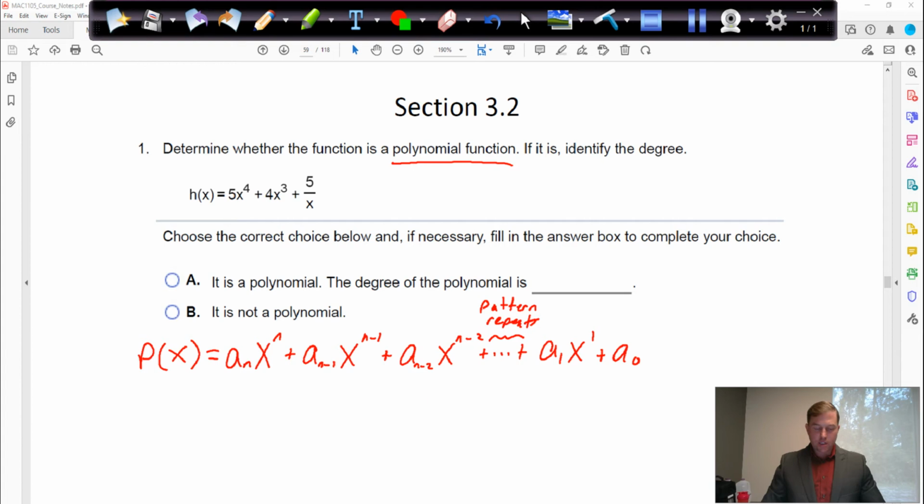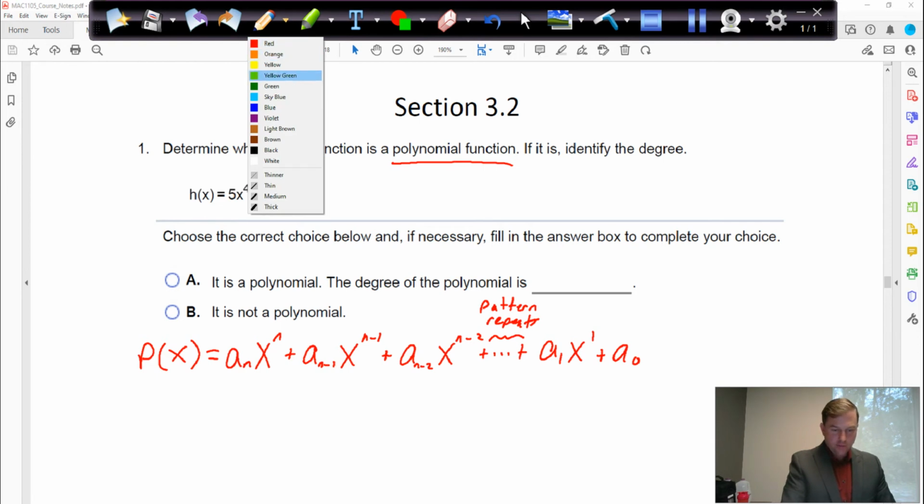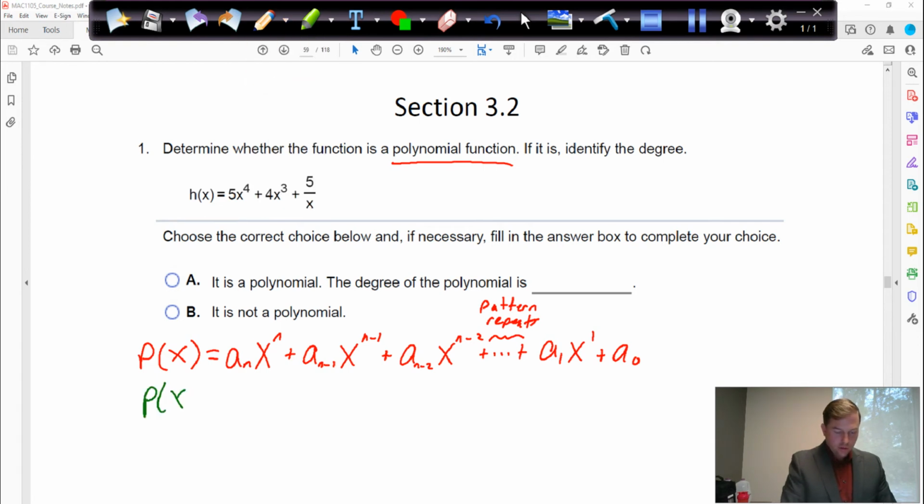So this can seem confusing to some students because you have all these subscripts and superscripts. So let's just do a small example. Let's say I have a polynomial, and I'm just going to make these numbers up as I go.